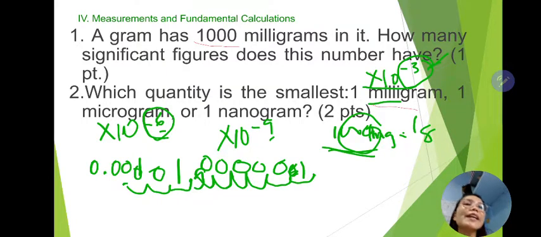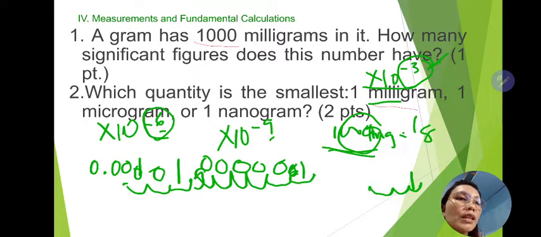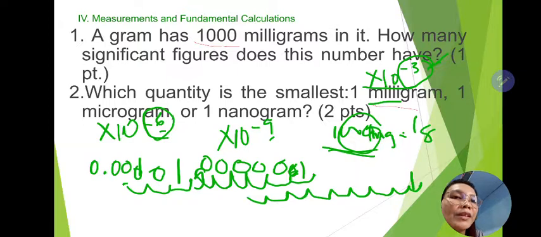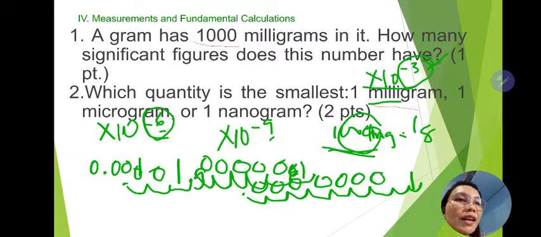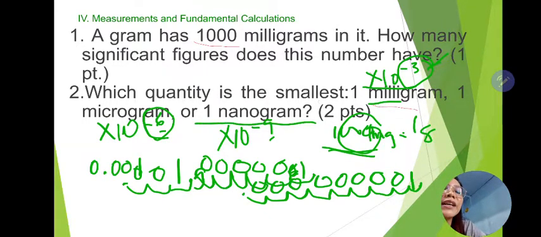Okay, and then for the nanogram, yung 1 gram natin, i-move natin 9 times yung decimal point to the left. So, 1, 2, 3, 4, 5, 6, 7, 8, 9. So, magiging dito, lalagyan natin ng zeros. 1, 2, 3, 4, 5, 6, 7, 8. Okay, so, ano yung smallest quantity sa given na example na yan? So this one, nanogram. 1 nanogram is the smallest.